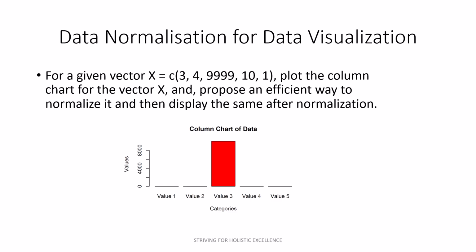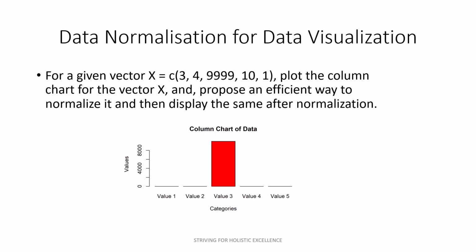So even if you convert that by using the previous generic equation, even then this will not work. So we are going to apply a logarithmic function in order to convert this in such a way that we can plot all the values 3, 4 and 10, 1 and 4 nines. We have to see all these values, not like the graph here that we are seeing right now.